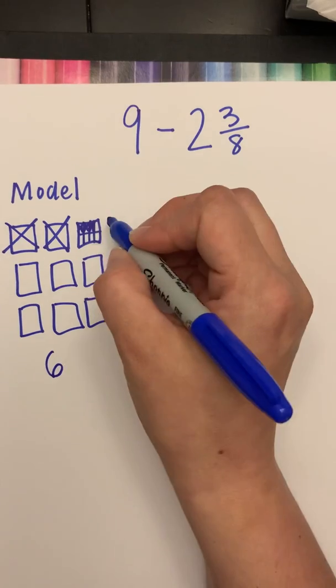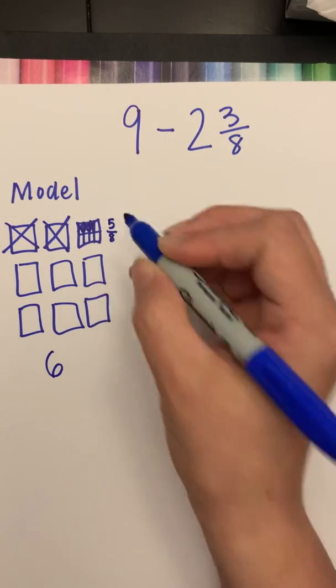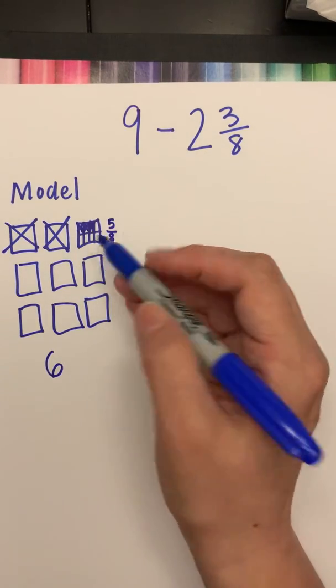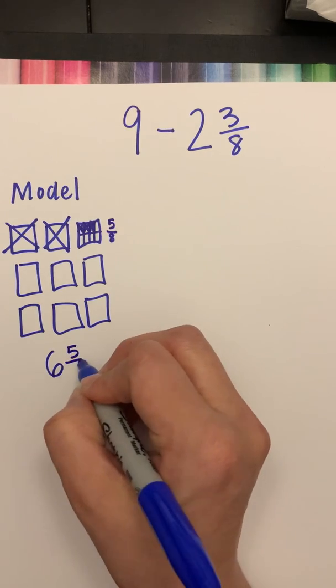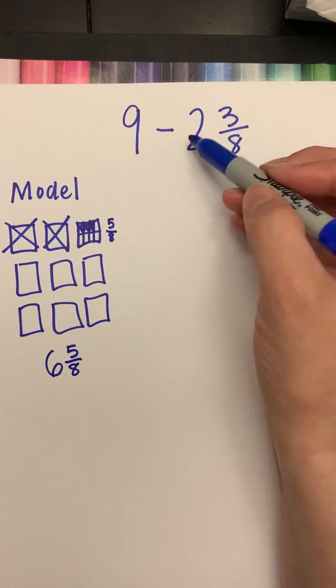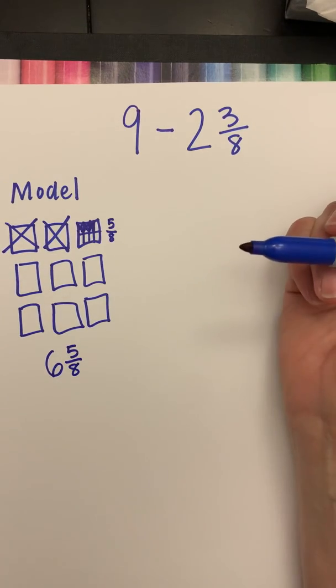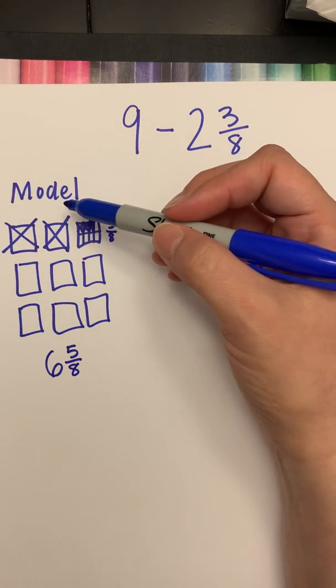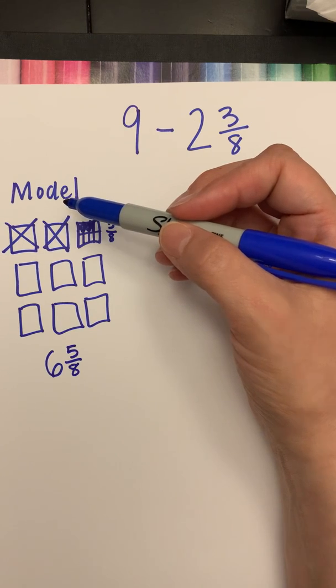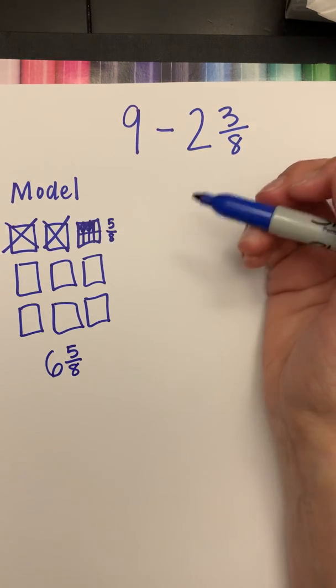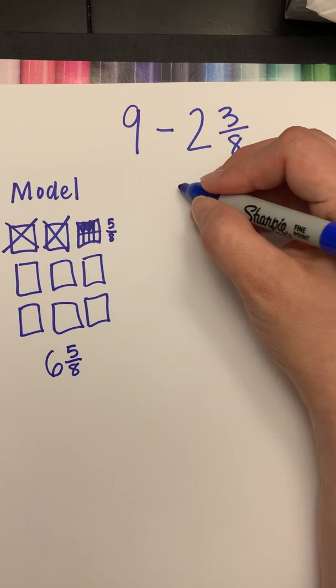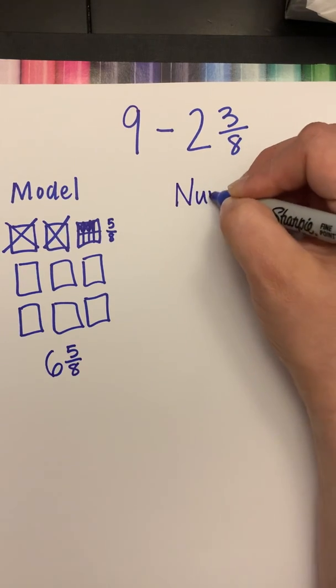So this is only 5/8, because remember we had to take 3/8 away from it. That means when I have 9 wholes and I subtract 2 3/8, I have 6 5/8 left over. So this is a really effective strategy when you're subtracting from a whole. Another way that you could model this is with a number line.